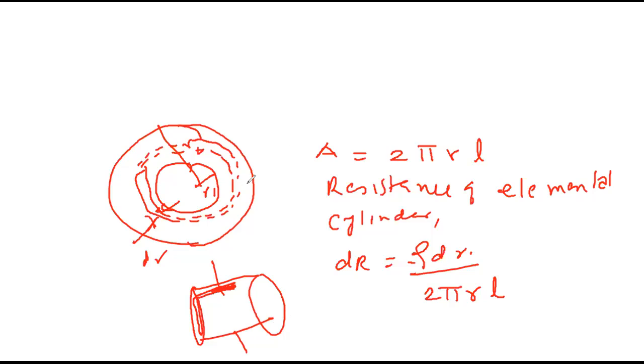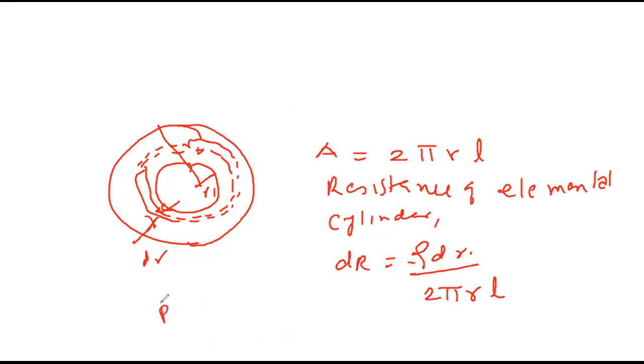So in this case, that length is constant. dr is thickness which is changing from inner to outer. So I am using now integration. So dr is elemental radius, which is rho into elemental area dr into curved surface area 2 pi r l. Rho L length is dr, area is 2 pi r l.